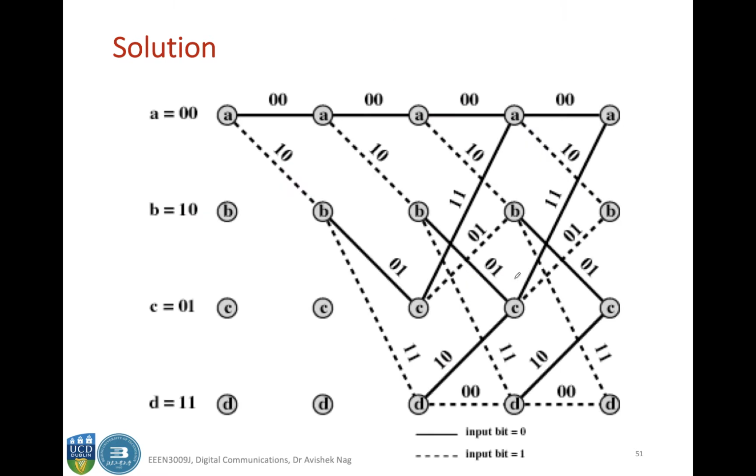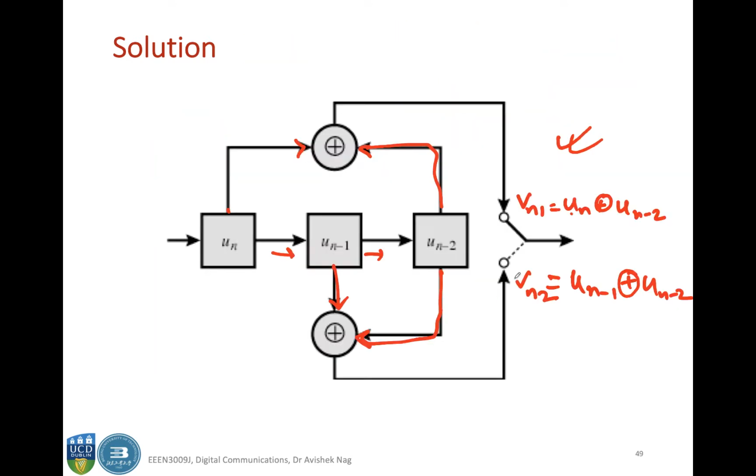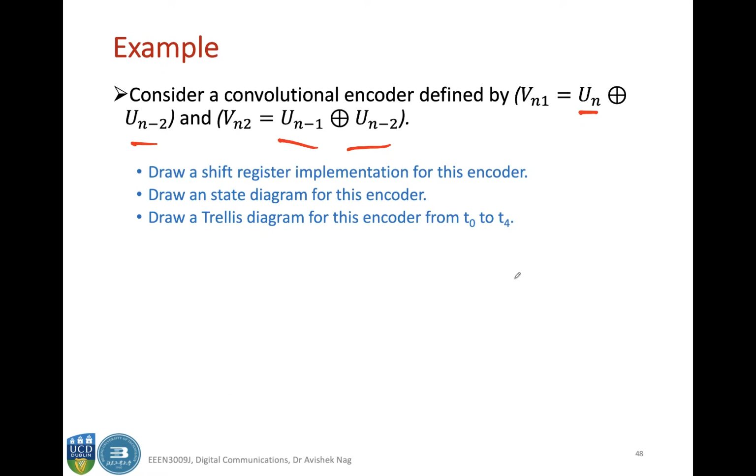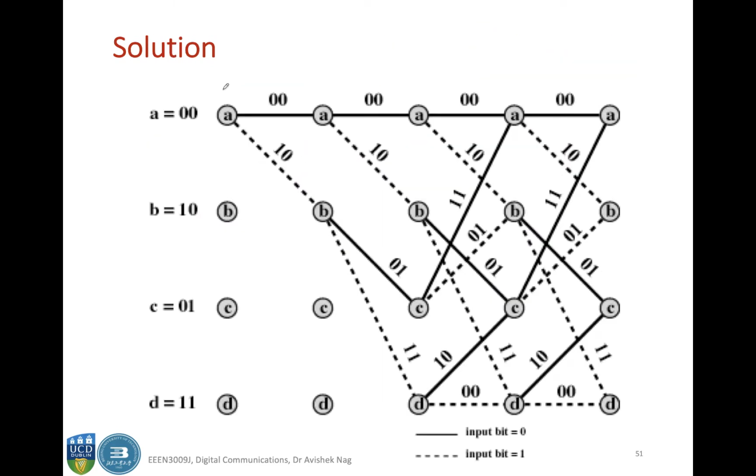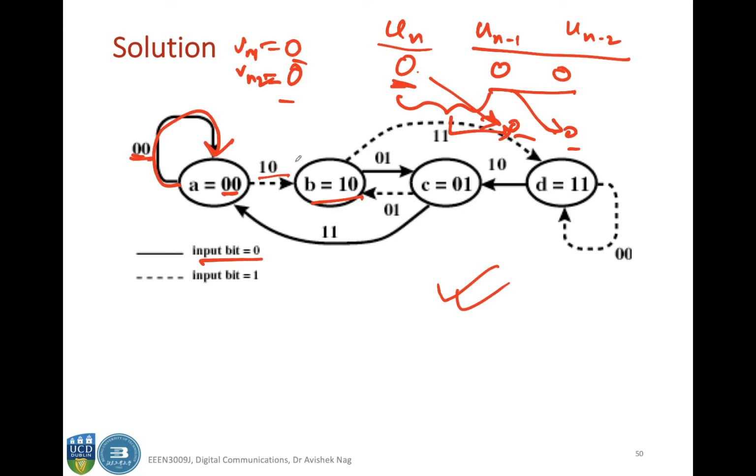Okay, and then this will be the trellis. Once you get the state diagram, just drawing the trellis is easy, and it was said in the problem definition that you have to draw the trellis for 4 time periods, from t0 to t4. So t0, t1, t2, t3 and t4. This trellis can be easily drawn from this state diagram.